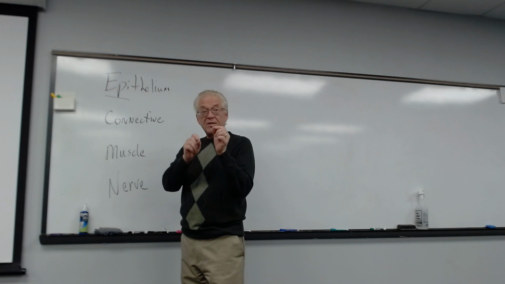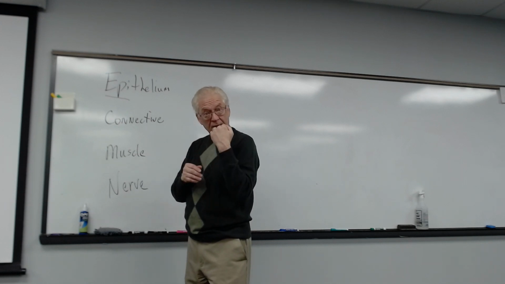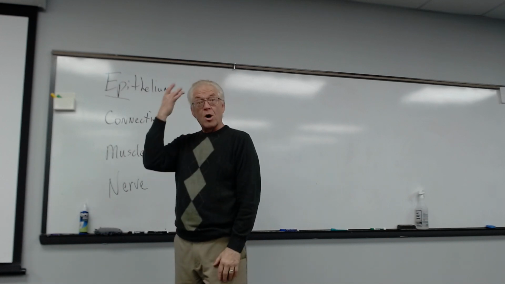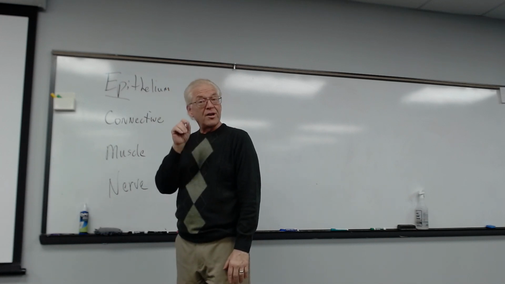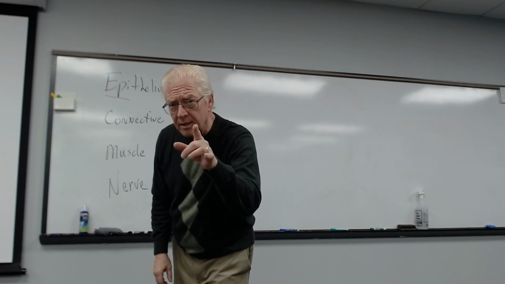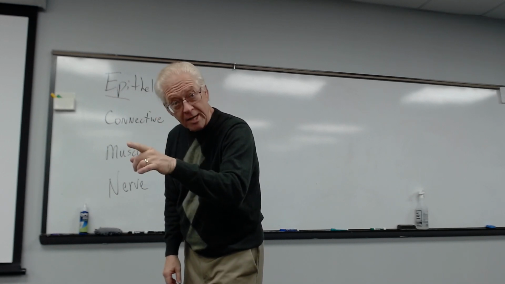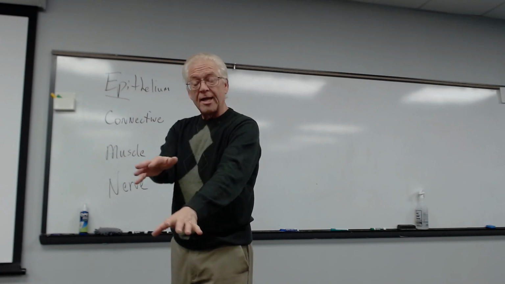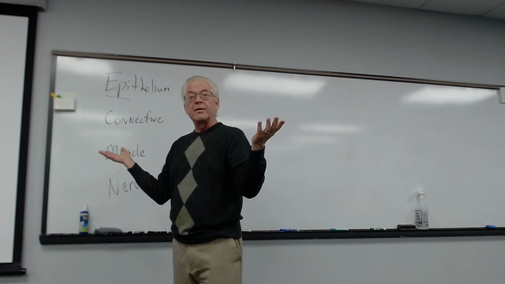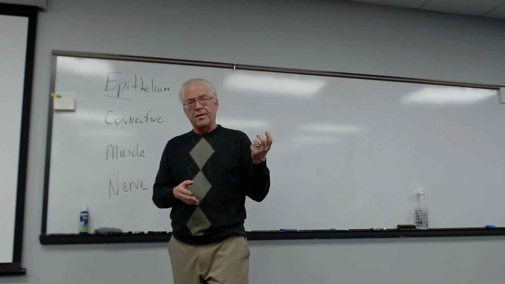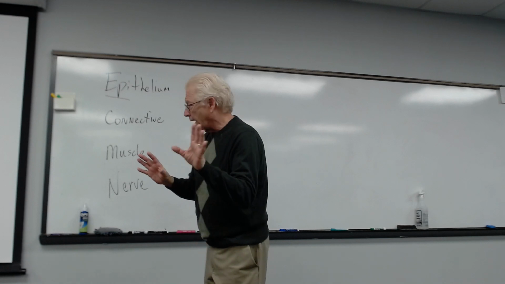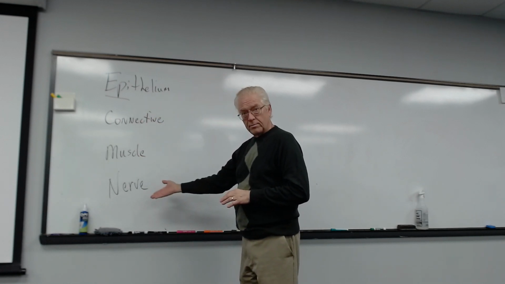And somewhere in between the incoming, ow, that's hot, and the outgoing, get your hand out of there, we have our brain and our spinal cord, which are called interneurons. What does inter mean again? Between the incoming and the outgoing. Incoming sensory, outgoing motor. Okay? That's where the decision is made. Yeah, that's hot. Get your hand out of there. Or, no, that's not so hot. You can leave your hand there. Okay? All right. 10-4? That's how we do it?